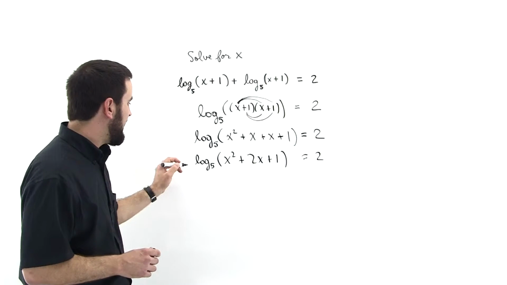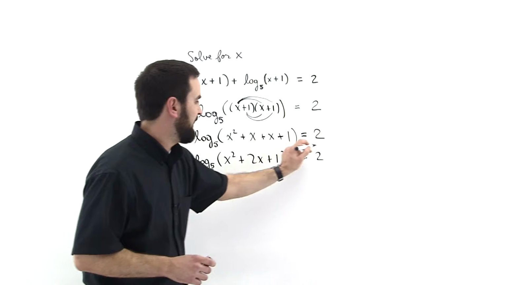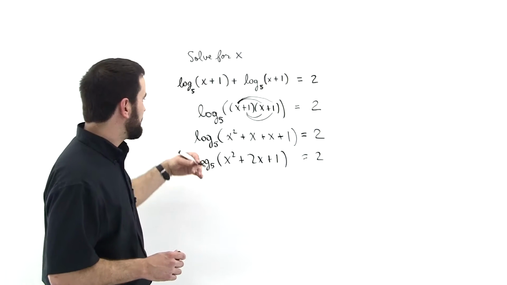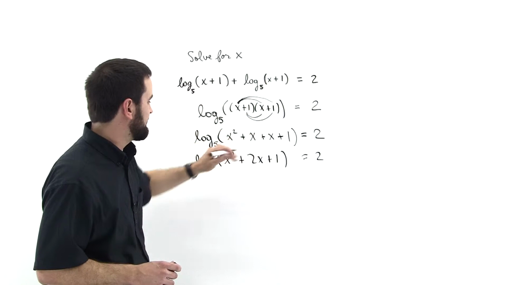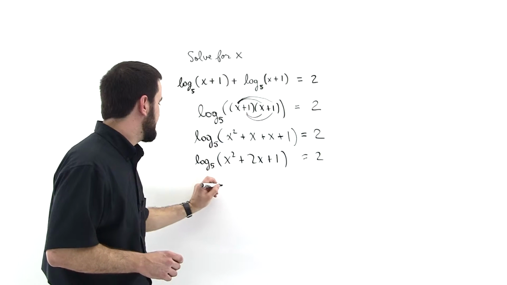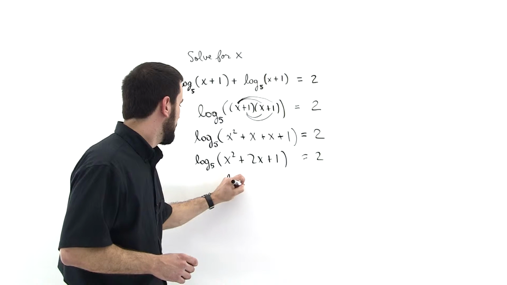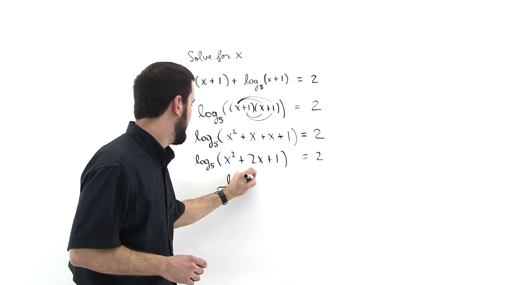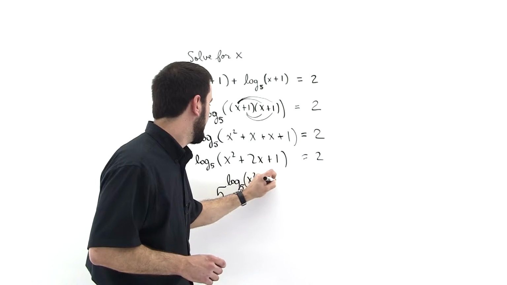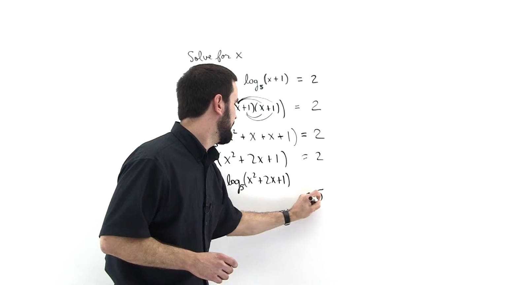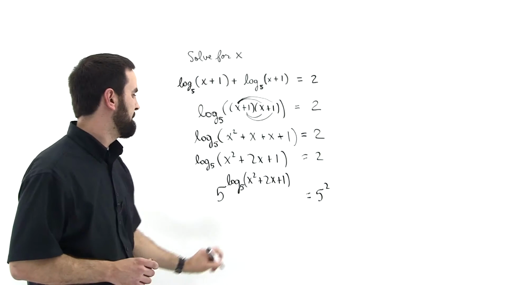Now we raise 5 to this whole thing and 5 to this thing, because if we do it to one side, we've got to do it to the other. Up until now, we've just been clarifying things. So then this is 5 raised to the log base 5 of x squared plus 2x plus 1, and this is 5 raised to the 2 power.